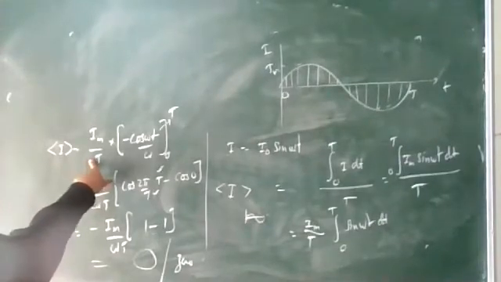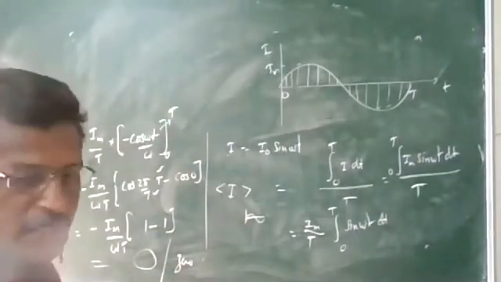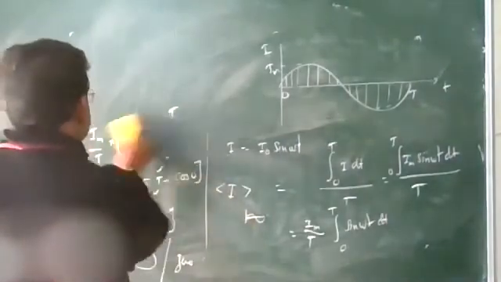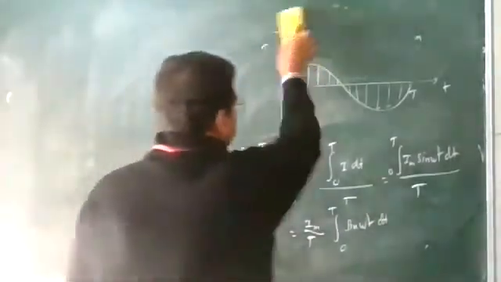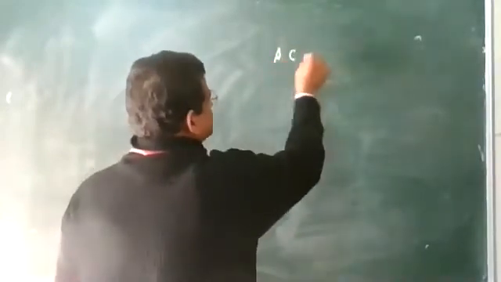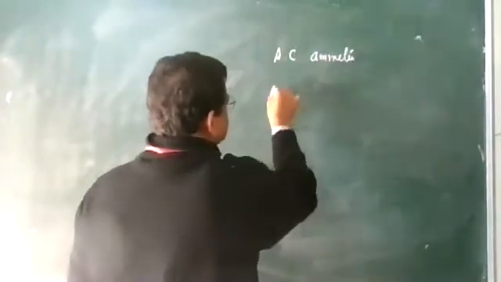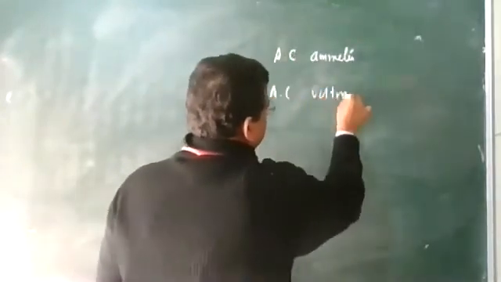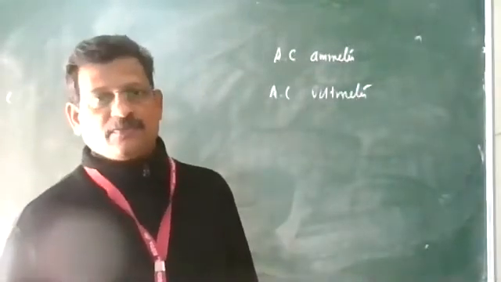And what value do they measure? Not the maximum value, the maximum value will be Im. They are called AC ammeters or AC voltmeters. We have to design an AC ammeter and an AC voltmeter for measuring AC current or voltage.